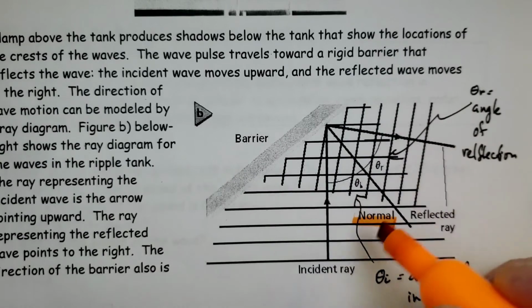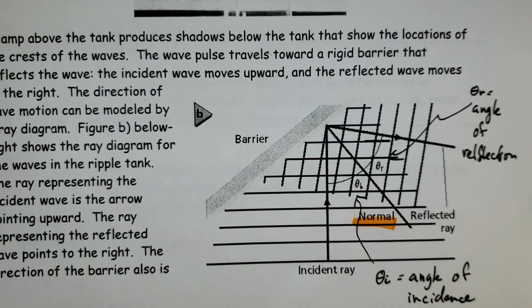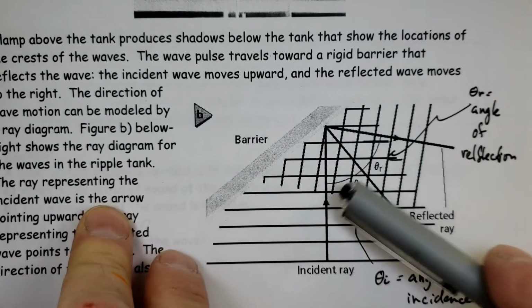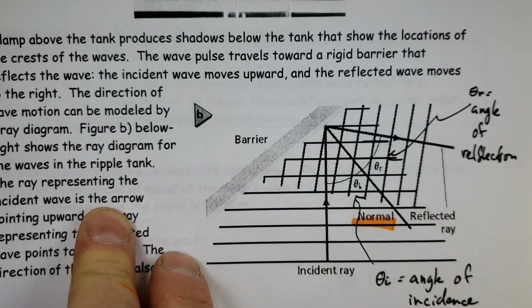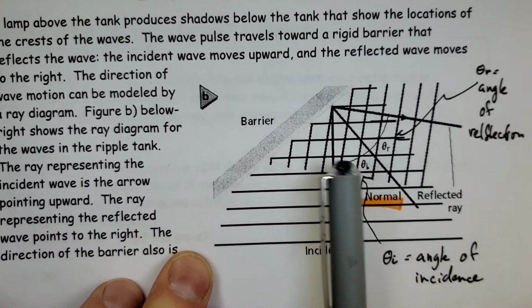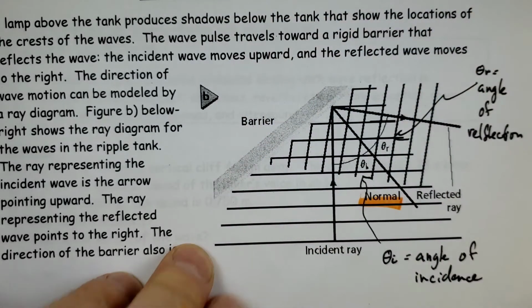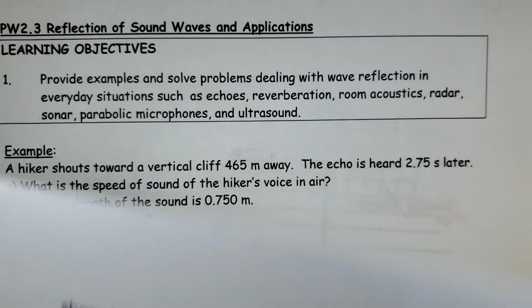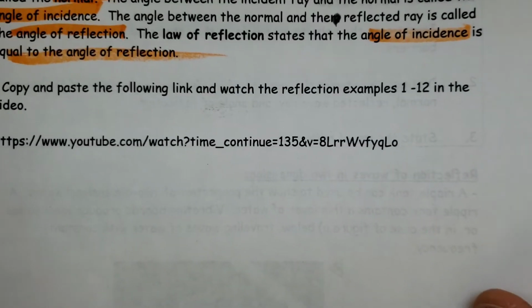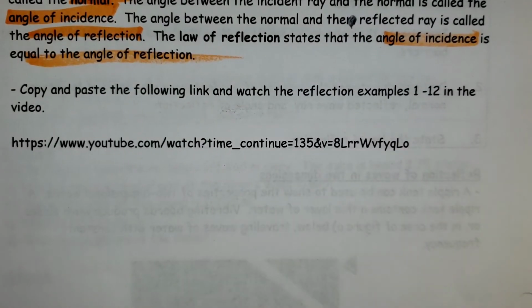And we see here that the law of reflection states that this angle is equal to this angle. If you've played pool before, you of course know that if you hit a ball here, it bounces off like that.